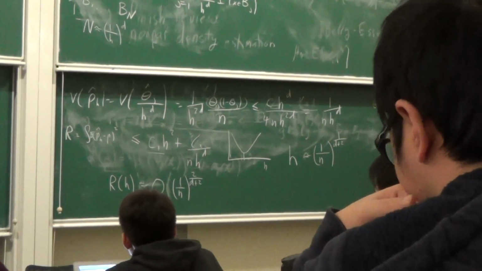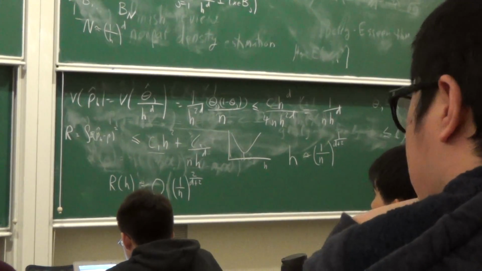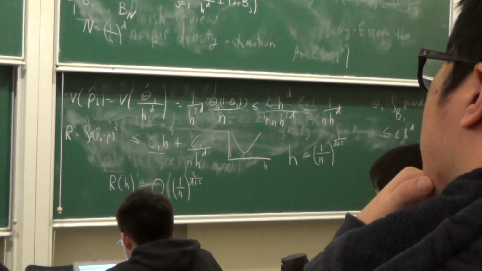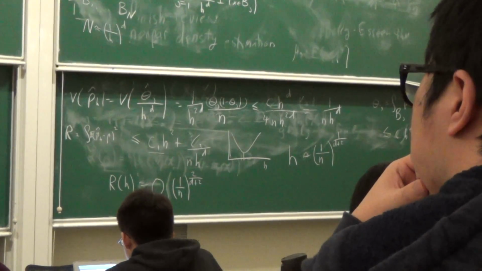What we'll show later in the course is this theorem on page 4, which says you can't do any better than that, at least under these assumptions. Let's take a look at what the theorem says.